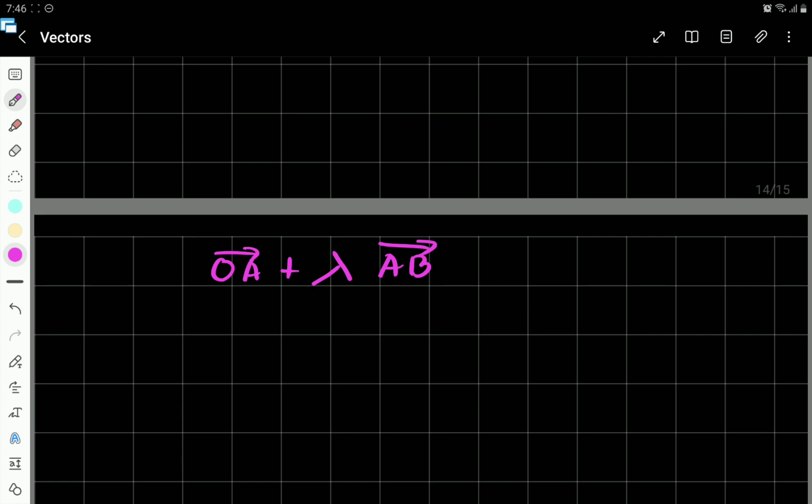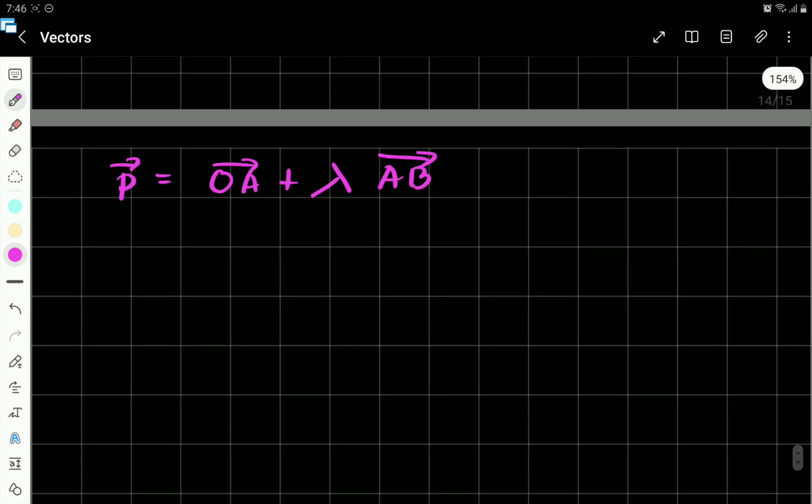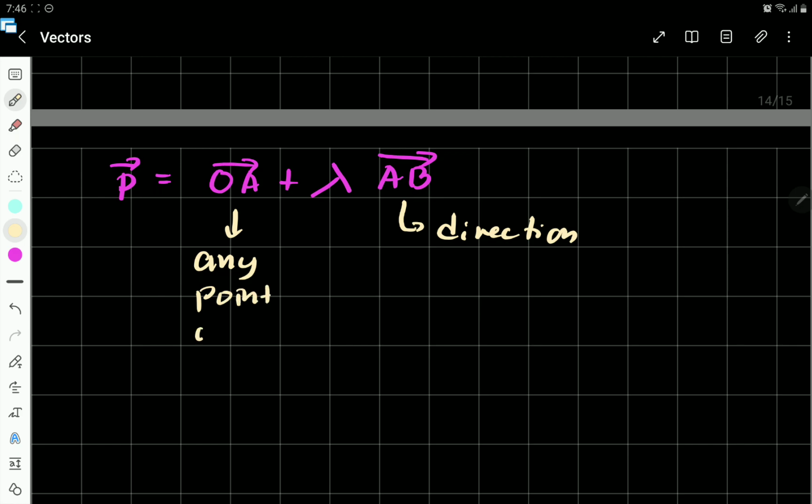Let me name it, for example, as line P. So the line P is equal to OA plus lambda AB, wherein this lambda AB is the direction of the line, and this OA is any point on the line.